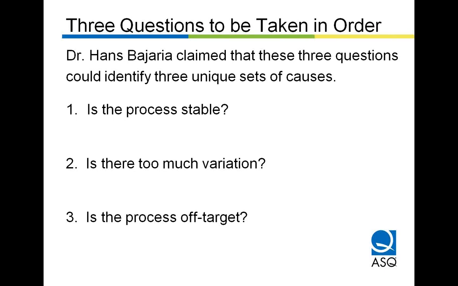Is there too much variation? And when we can answer that question correctly, as in, no, there's not too much variation, then the third question, is the process off target? And what Dr. Bajaria argued was that these 3 questions could identify 3 different unique sets of causes. So as we go through this course material, we'll come back and answer these 3 questions or identify the tool that would answer these 3 questions.